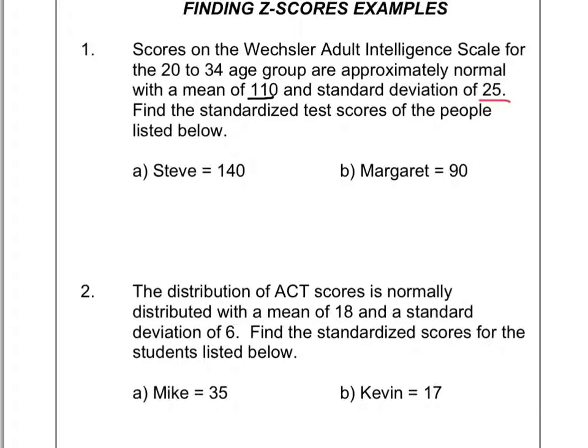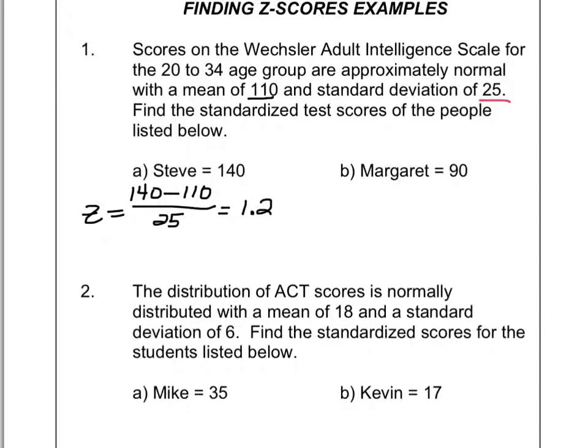To find the z-score, I take the amount that he got on the test. Steve got a 140. I subtract the mean, which is 110, and divide by the standard deviation of 25. 140 minus 110 is 30, and 30 divided by 25 gives a z-score of 1.2.